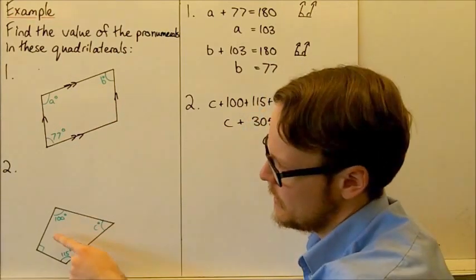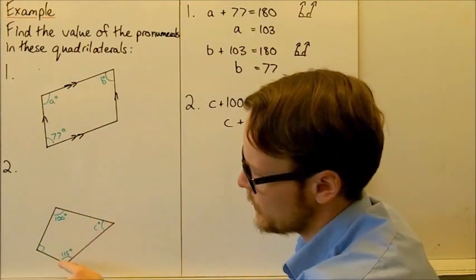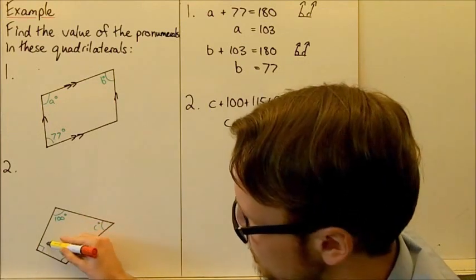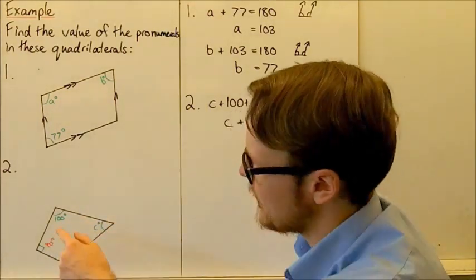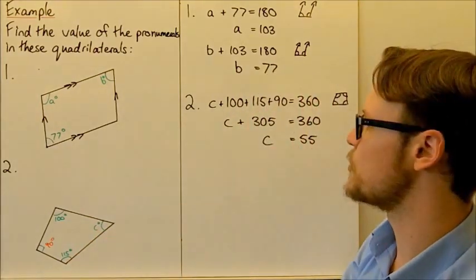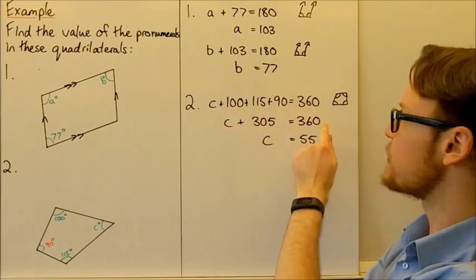For our last example here, we've got a quadrilateral with four different angles. One's 90 degrees here, so this angle's 90 degrees there. One angle's 100 degrees, one's 115, and the other one we need to determine, C. So we know if we add all of those angles together, they'll equal 360 degrees.